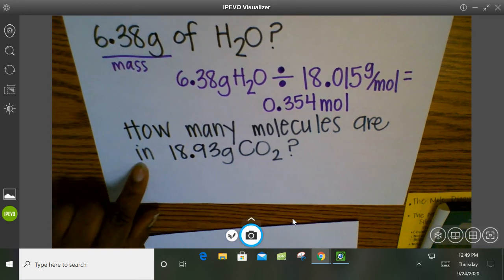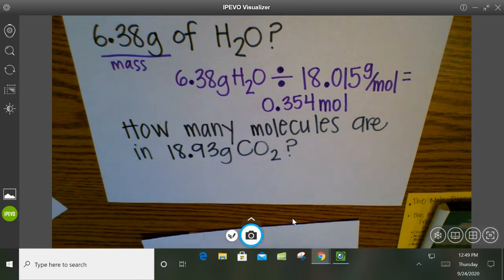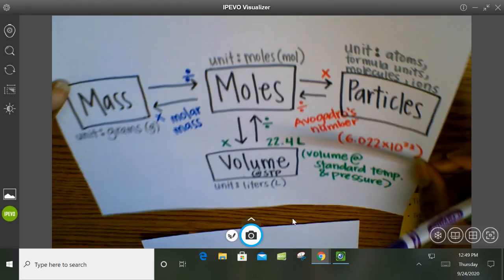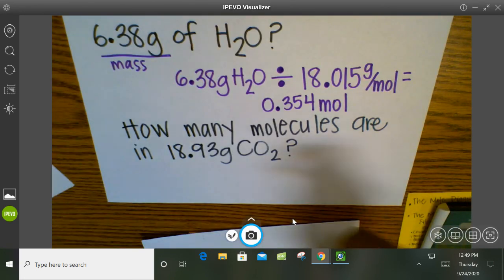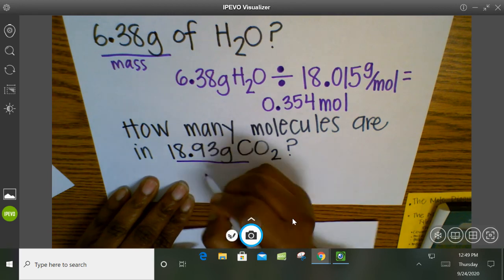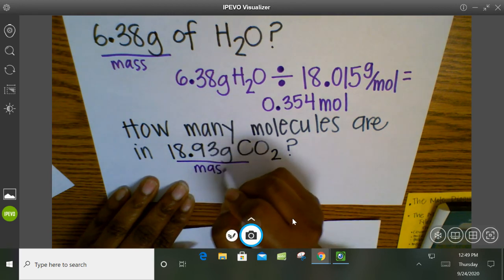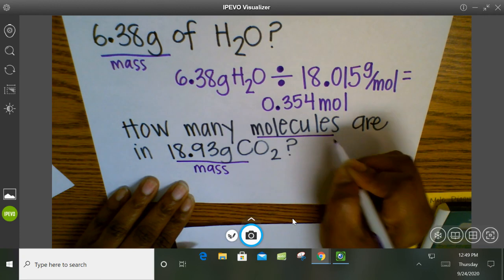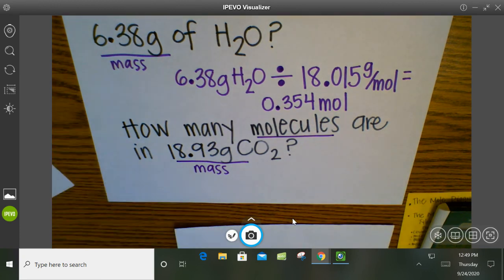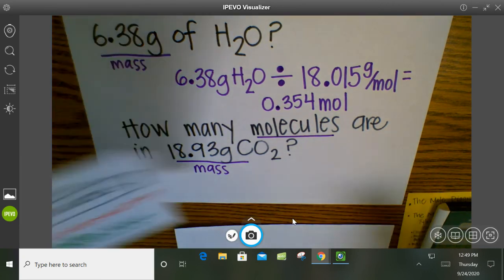This one says how many molecules are in 18.93 grams of carbon dioxide. Let's do this first. 18.93 grams is mass, and we're going to molecules, not moles, but molecules.